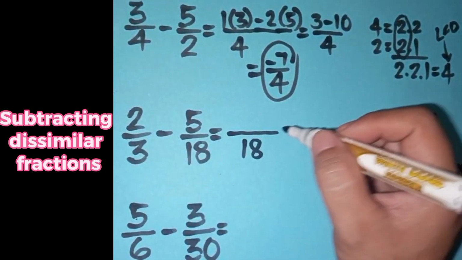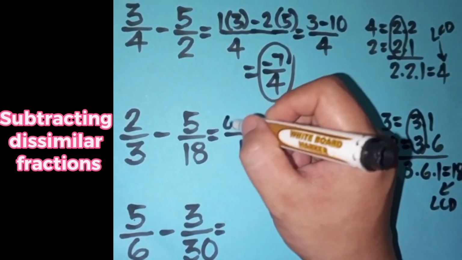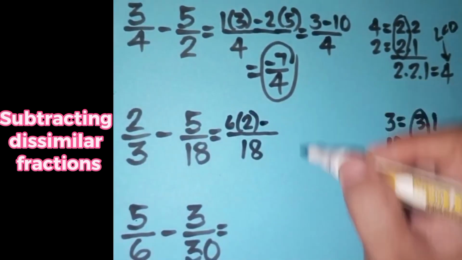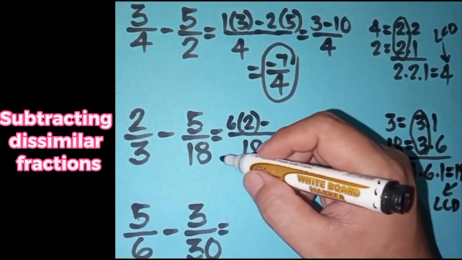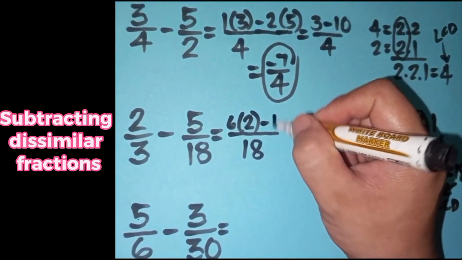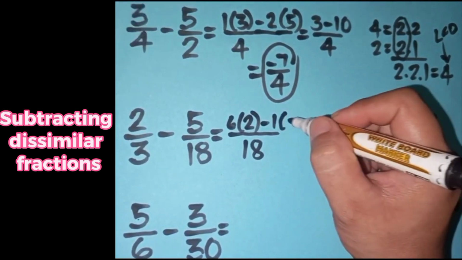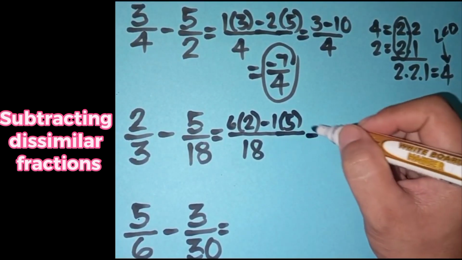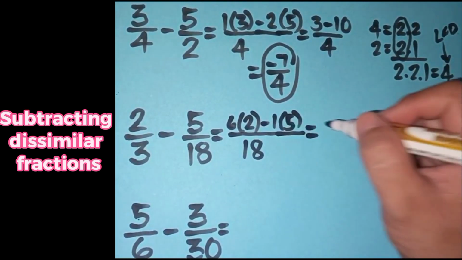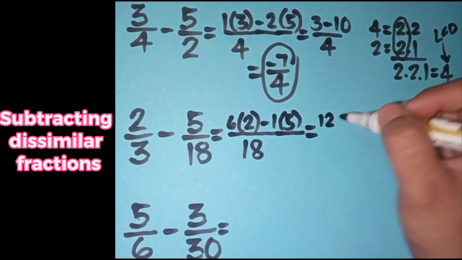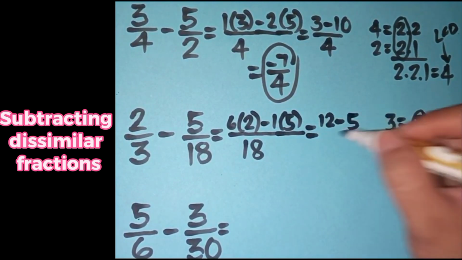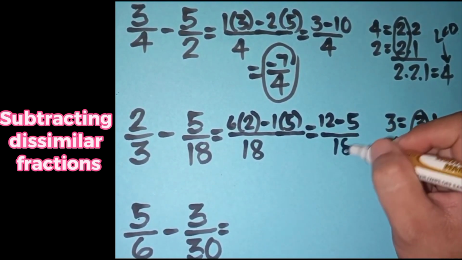18 divided by 3, that is 6, times the numerator 2, minus 18 divided by 18, that is 1, times the numerator 5. Simplify, so 6 times 2, that is 12, minus 1 times 5, that is 5, over 18.